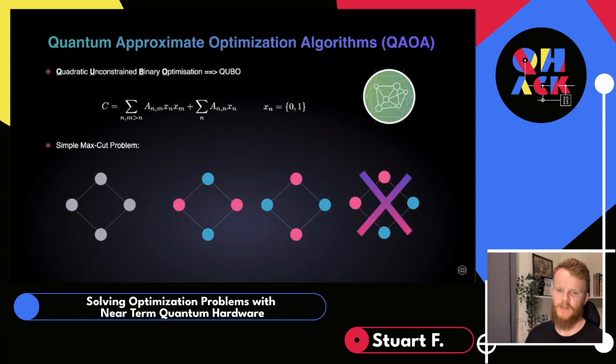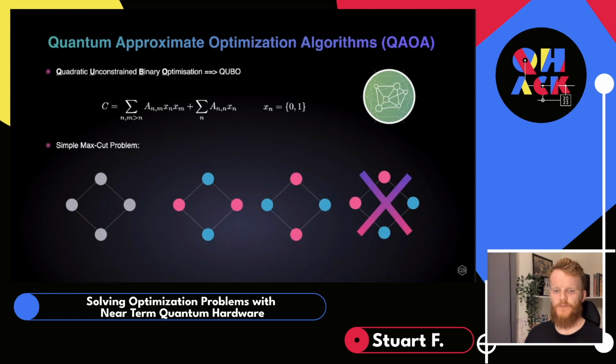If we have an edge between two nodes, this means that these A coefficients, which are just real numbers, are non-zero. But if we don't have an edge between two nodes, that means that the A coefficient is equal to 0. So there's no coupling between those two variables, but there are couplings between these variables.